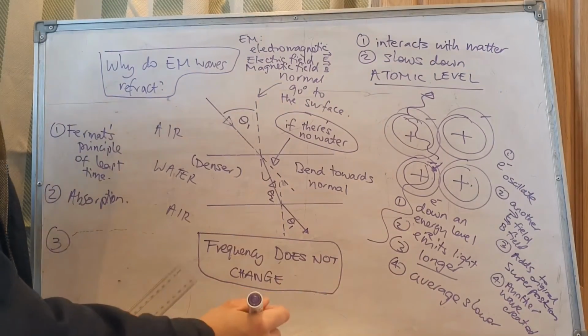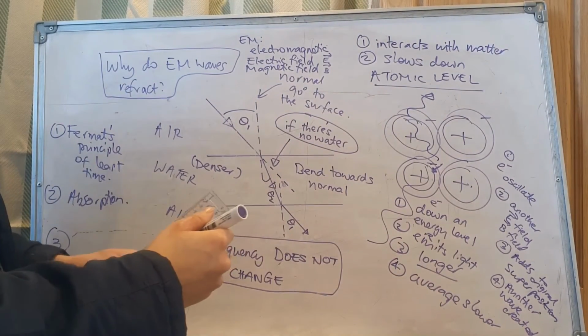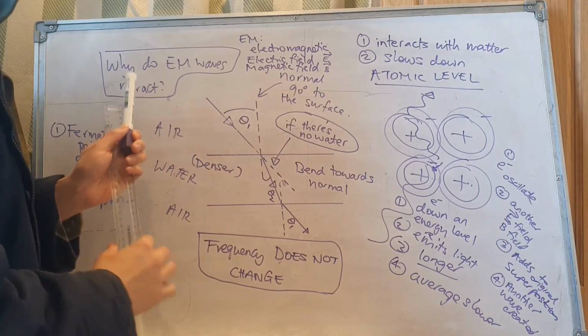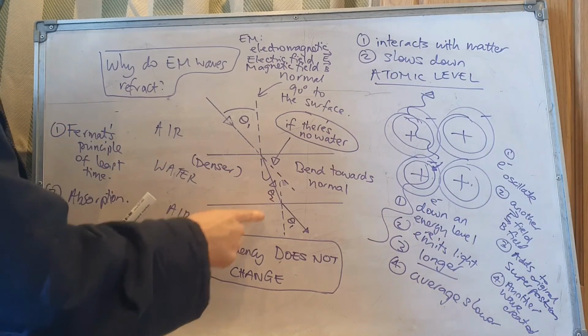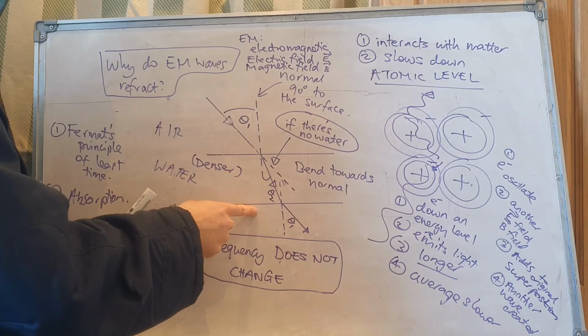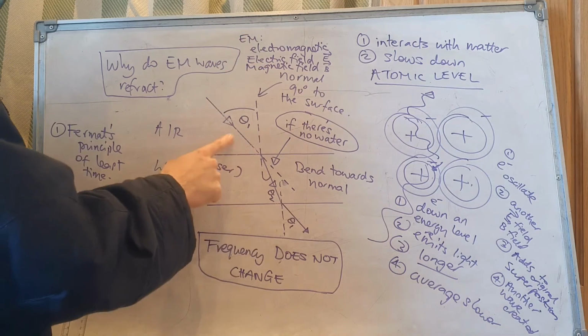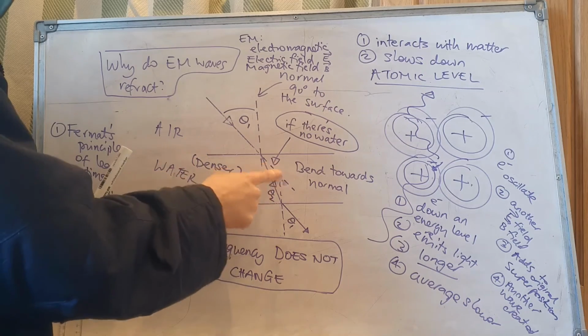That is why you have this wave rather than the original wave. And once it passes through the water, because now there's no interaction with extra matter, it carries on as before, and that is parallel to this.